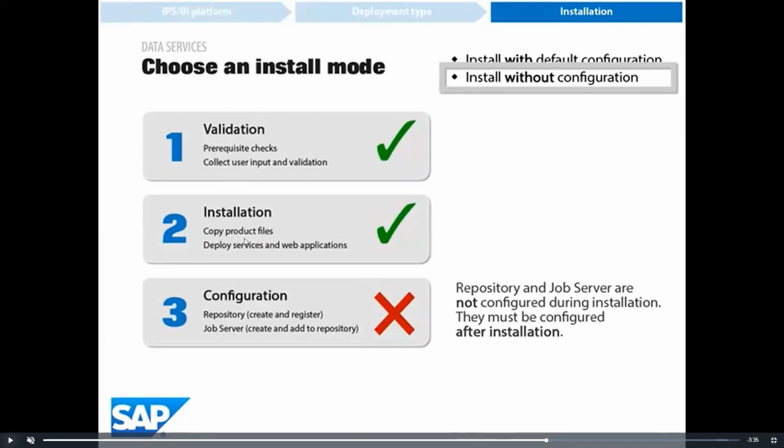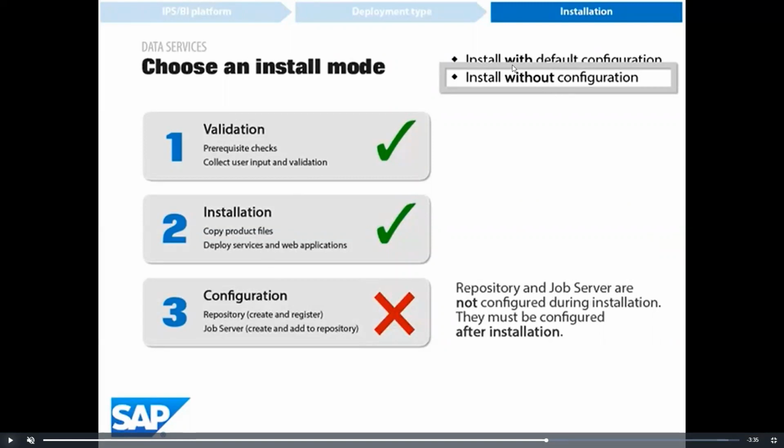And then installation, copy the product files. In this part of installation, we just click next, next, next, but this is how it's happening. It validates the required checks, collects the required input information from us, and then other validations, and then copies the product files in the installation, and then configuration.